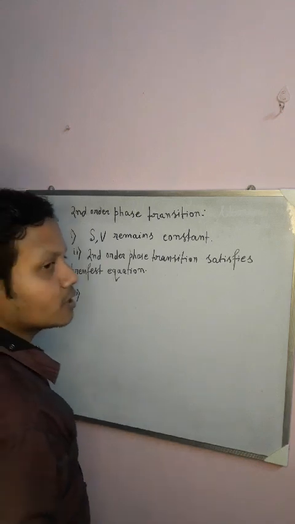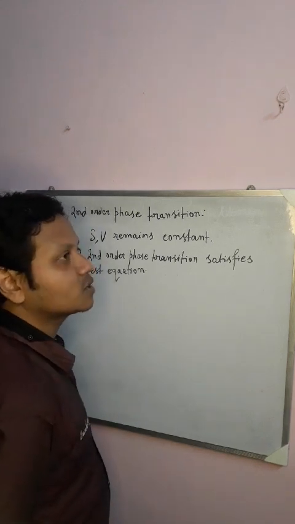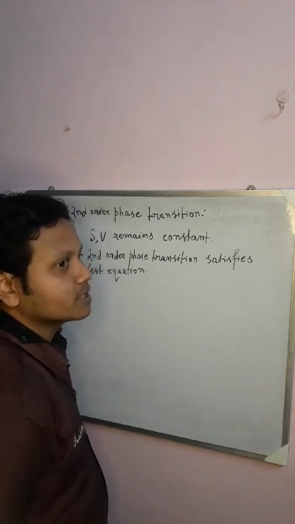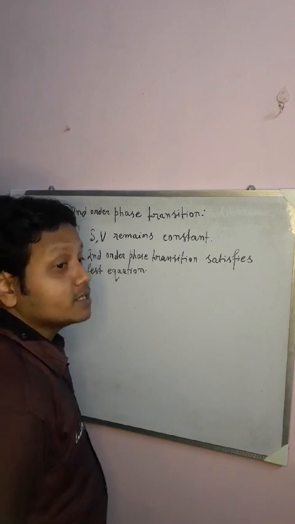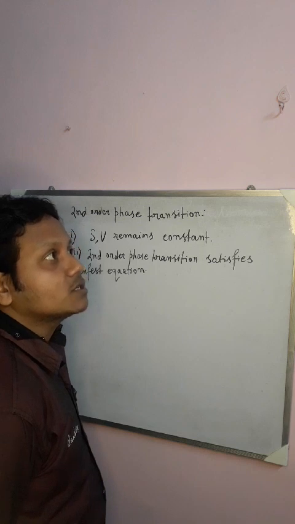Now in first order phase transition we see that the Gibbs potential changes continuously and its first order derivative changes discontinuously, that we saw.